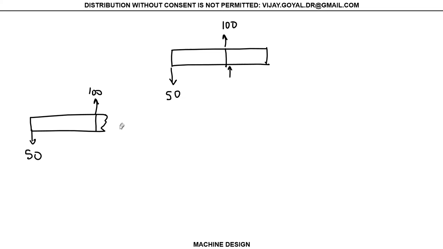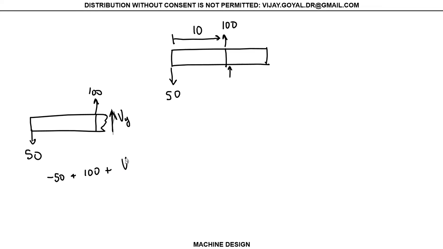Okay, so you have to put everything in the positive convention, every single time. This is my positive convention Vy. So you will have minus 50 plus 100 plus, let's suppose the distance from here to here is 10.